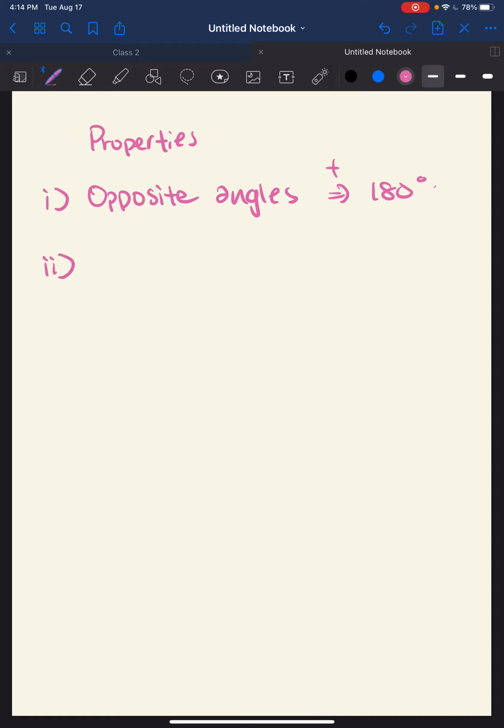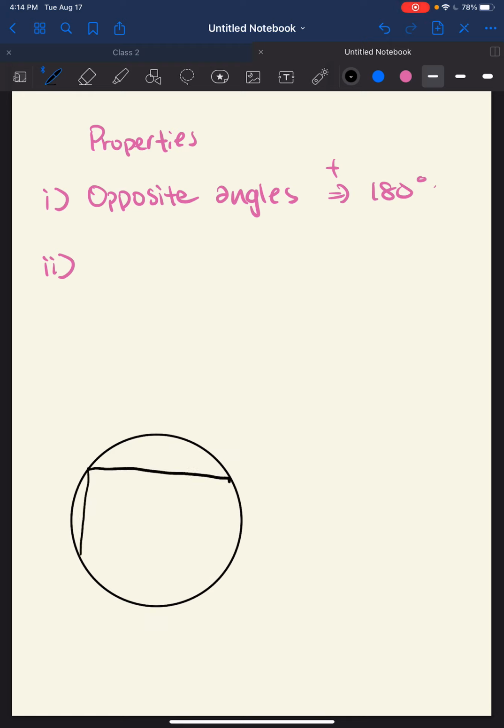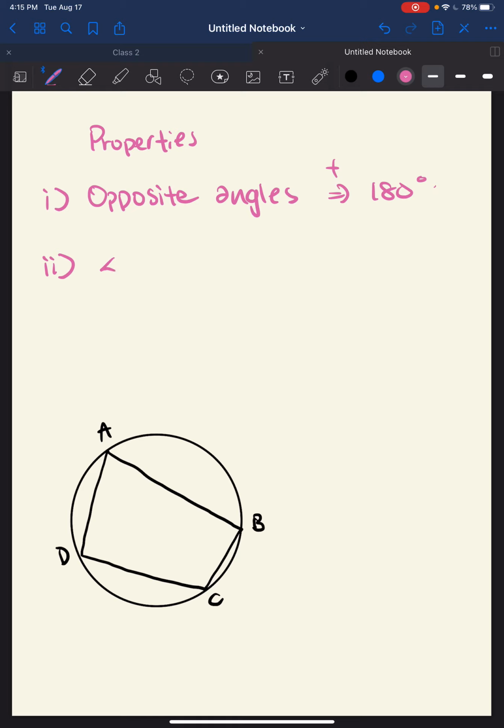And the second one, which I will show you a diagram, is that angle ABD, just this one, equals angle ACD, which is this one.